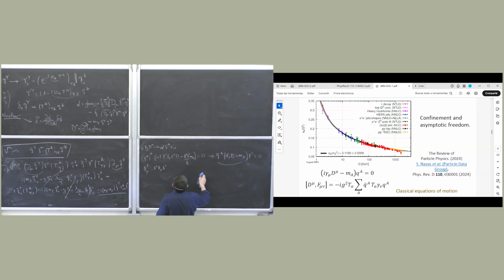Okay, so it's conserved. When is it conserved? When the masses of all the quarks are equal. Even if they are not 0, but if they are equal, then the current is conserved. In the case that you do the axial, you have an extra gamma 5. Sorry, is there any problem?